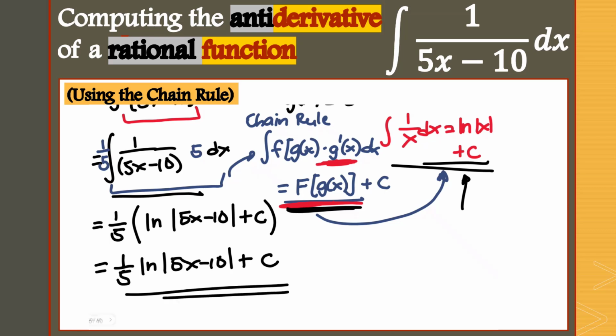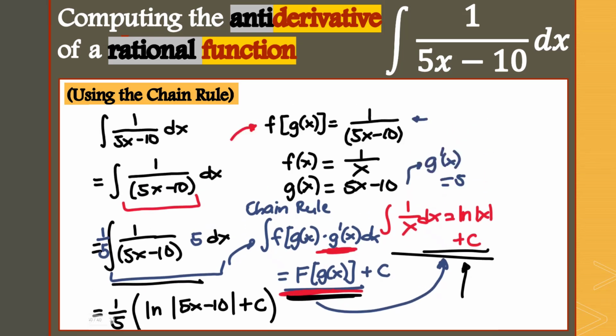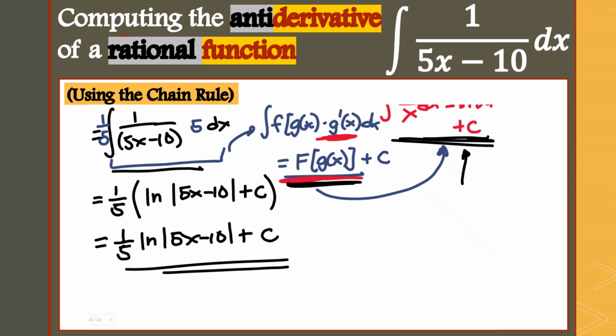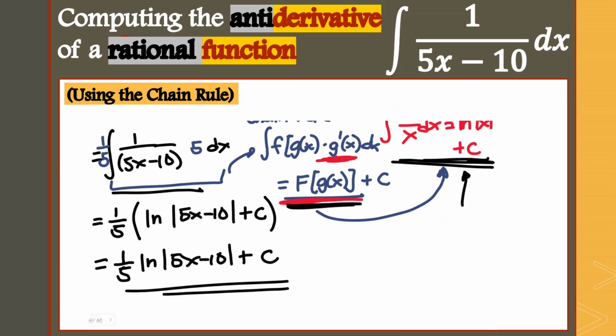This would then be the antiderivative of the given rational function using the chain rule once we're able to establish that it would fit the criteria of the chain rule following this idea and using the rule for the logarithmic function or the logarithmic rule for antidifferentiation. Okay, this is the answer to this item.